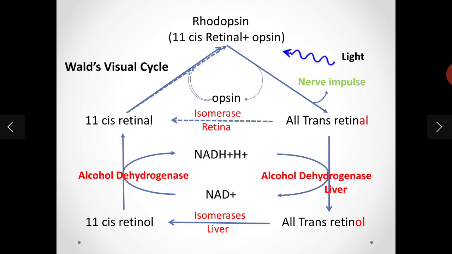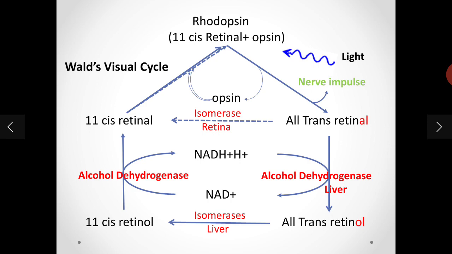In short, all trans retinal can also be converted to 11 cis retinal in the retina itself by the enzyme isomerase, and it can also combine with the opsin to form rhodopsin. So the whole cycle is called Wald's visual cycle, or the mechanism of the synthesis of rhodopsin. This can be asked as a 5-marker or a 3-marker question, Wald's visual cycle, directly.